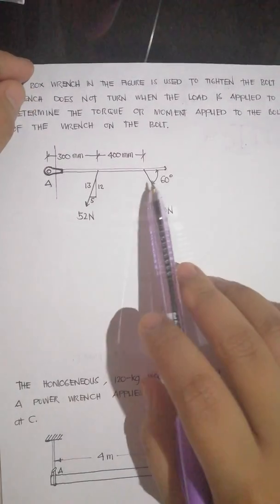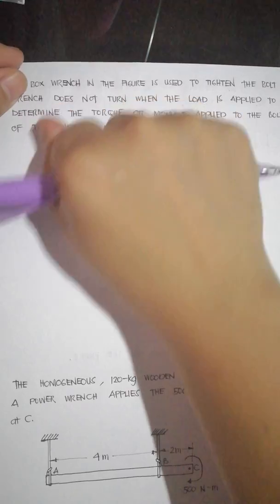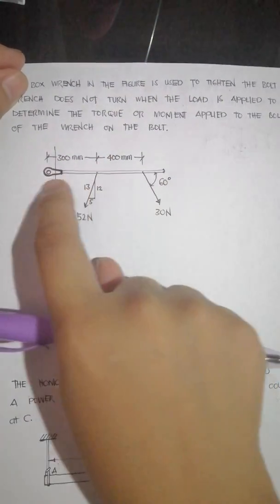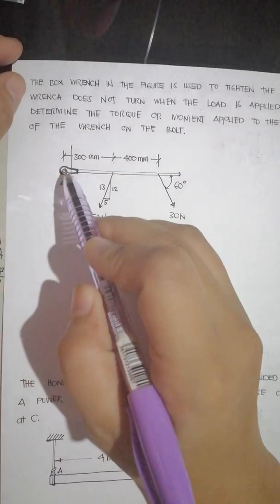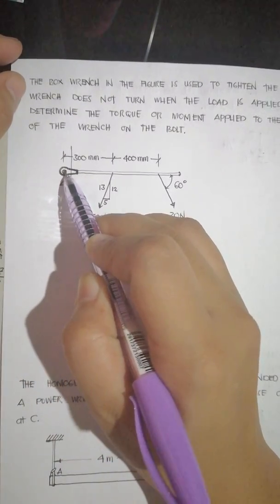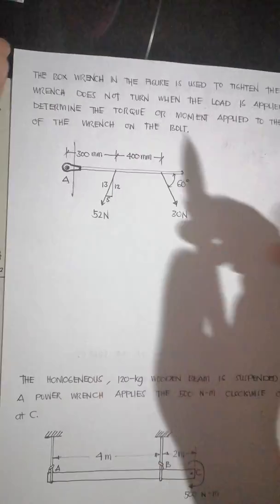Okay. So we have here two forces applied on the wrench, and as you can see, there is a bolt that connects this wrench to a certain fixed wall.